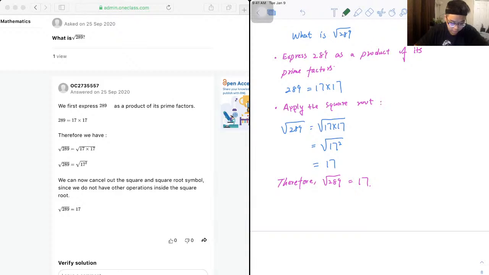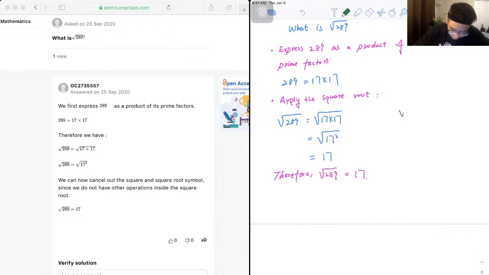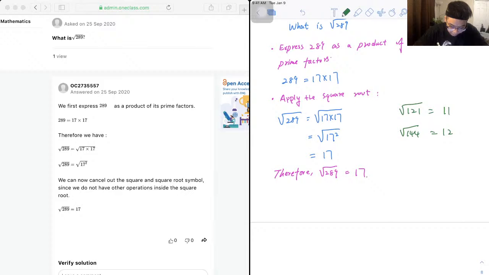And also, I'll just do a little bit of review about some other common perfect squares. So if we go 121, and if we take a square root of that, this is going to be equal to 11. And if we got 144 and we take a square root of that, this is going to be equal to 12. And then if we got 169 and then we take a square root of that, it's going to be equal to 13.